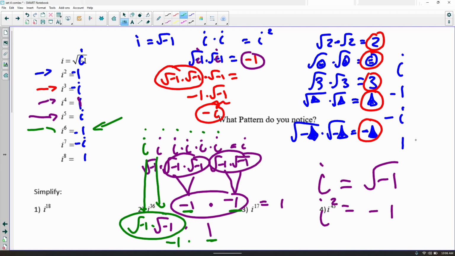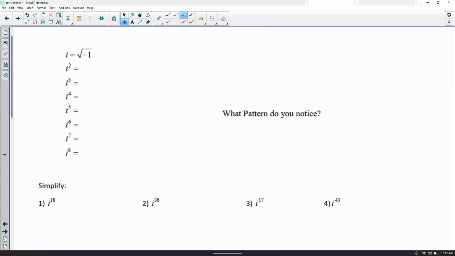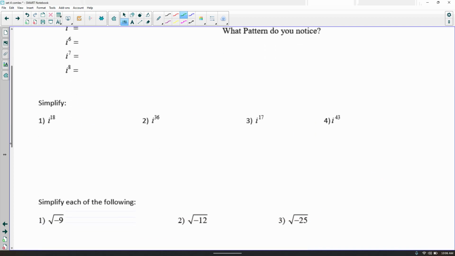Now, anything you see that has a power higher than just a single object, so if I have an i to the 18th power, or 36th power, or 4th power, or 3rd power, or i squared, I have to convert it into one of the four things.